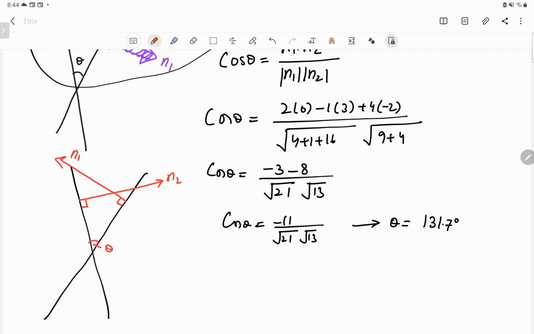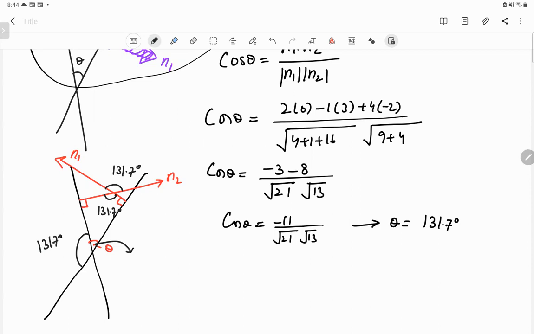And it is due to this reason that the angle that we have calculated is obtuse, is greater than 90. Okay, when the angle is greater than 90, the vectors point like this. And this is 131.7, okay?